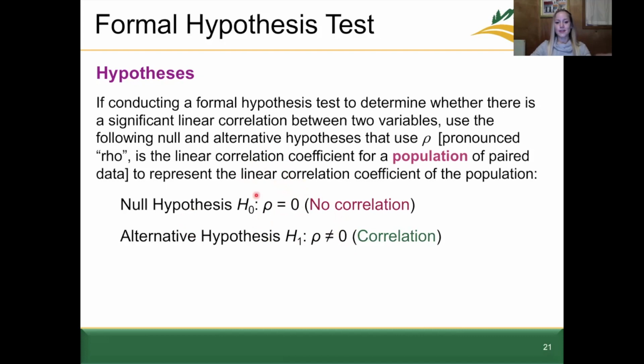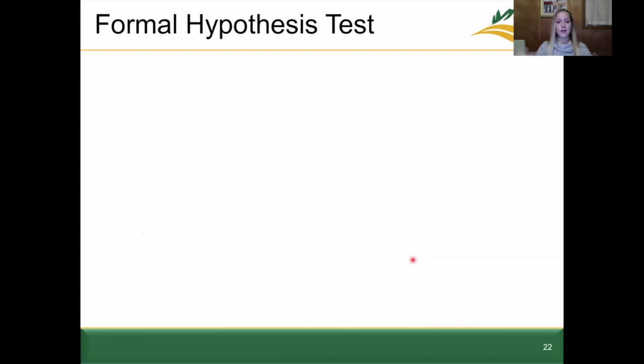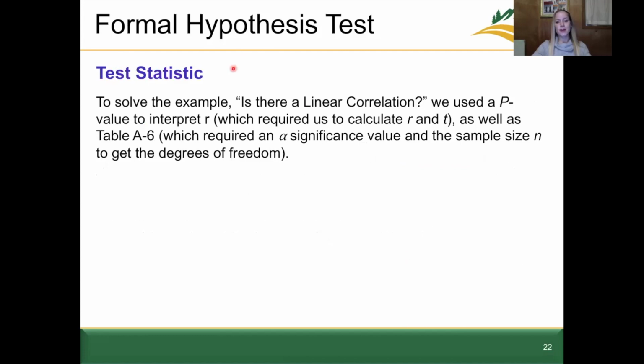So again, null hypothesis, we have no correlation. Our alternative hypothesis, we have correlation. Now, in this formal hypothesis test, we again need that t-test statistic. To remind you, when we solved this example of is there a linear correlation, we used both a p-value to interpret R as well as table A6.